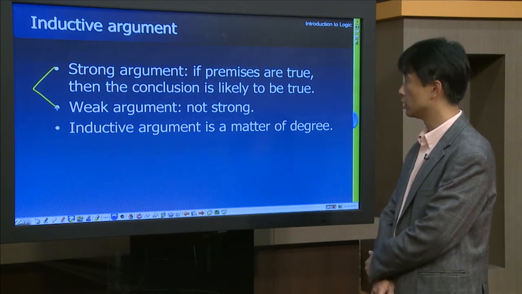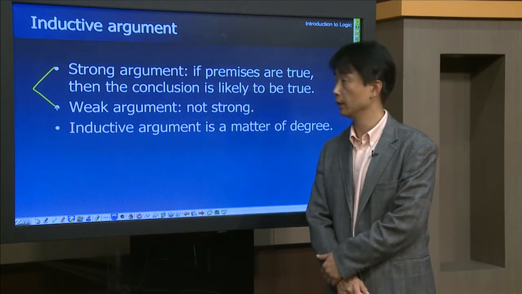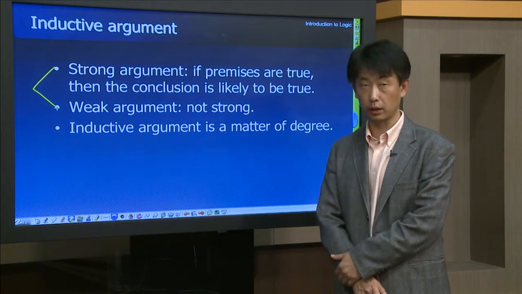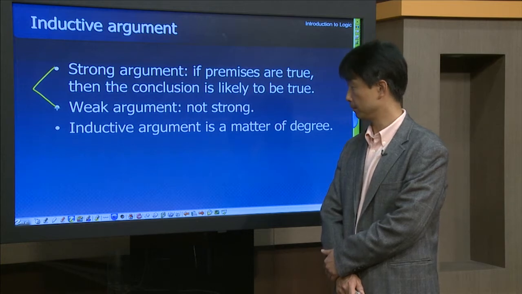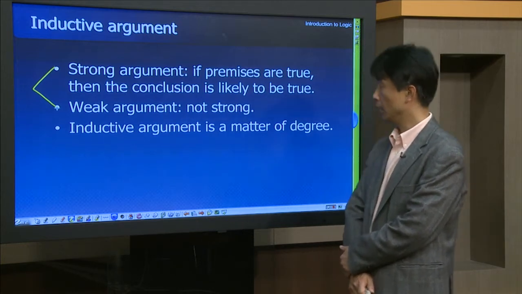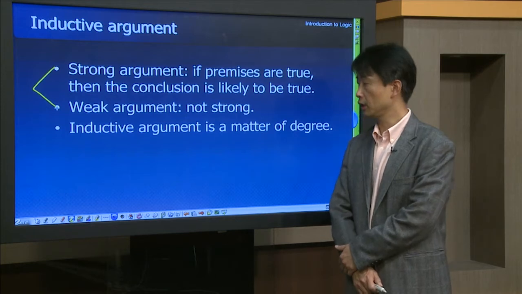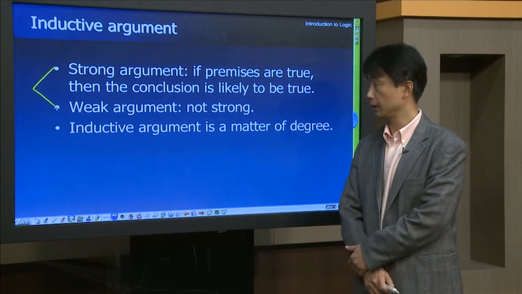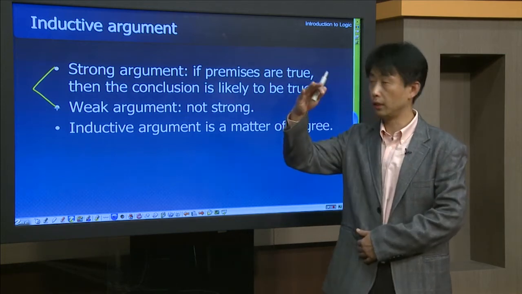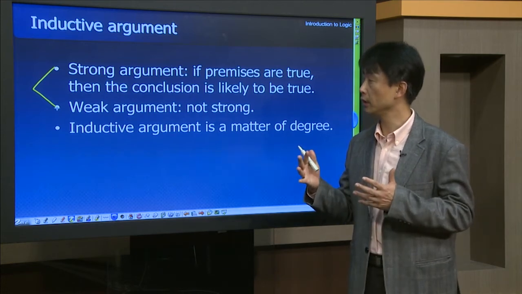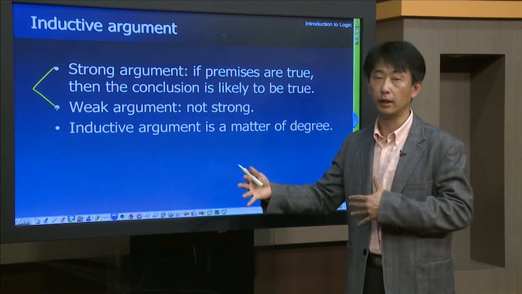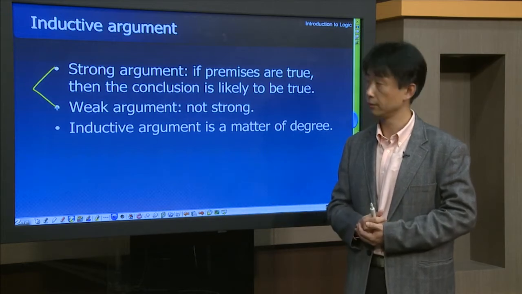The conclusion is probably true. That is a strong inductive argument. A weak inductive argument is an argument that is not strong. Inductive argument is a matter of degree. That is, you can see that some inductive arguments are stronger than other inductive arguments.